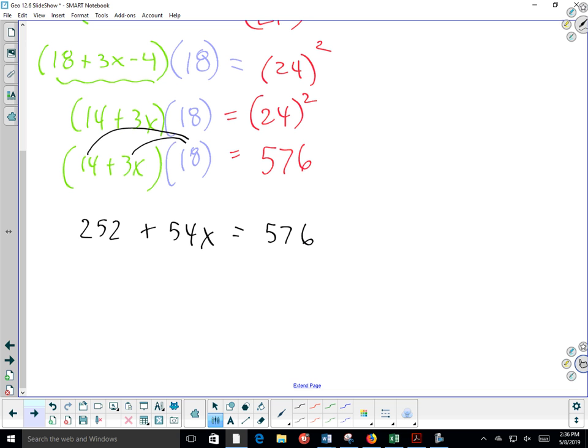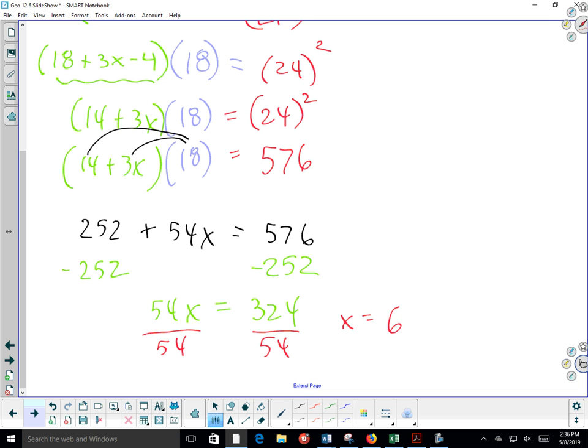Then we're going to subtract 252, which gives 324. And does 54 go into 324? 6. Everybody okay with this? All good? So are we done?